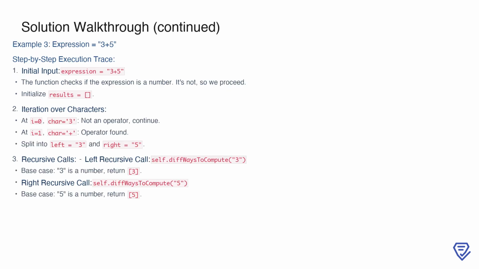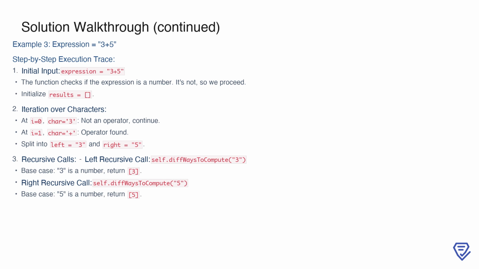In example 3, the input expression is 3+5. The function begins by checking if it's a number, which it isn't, so we initialize an empty results list. Iterating over the characters, at index 0, the character is 3, not an operator. At index 1, we find the plus operator. The expression is then split into 3 as the left subexpression and 5 as the right subexpression.